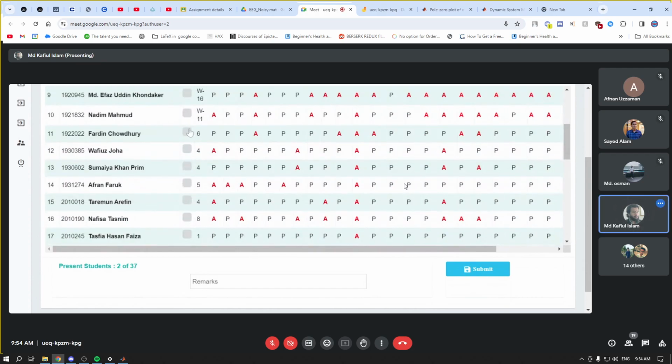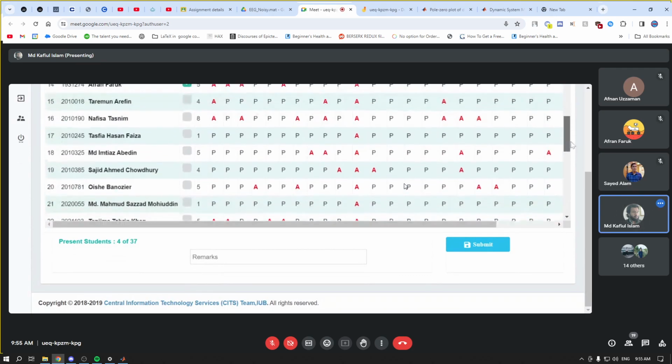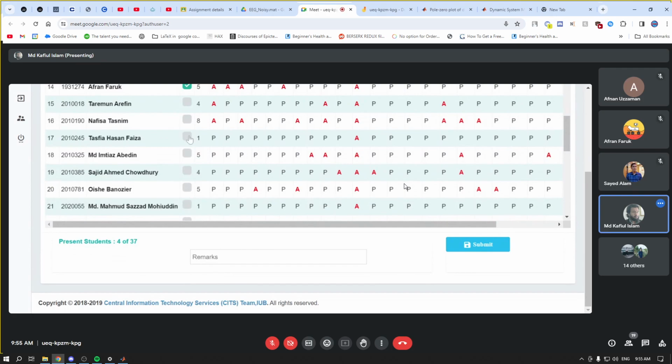Nadim Mahmud, Fardin, Wafuz Zoha, Sumaya, Afran Farooq, present, sir. Taremun Arifin, Nafisa Tasnim, Tasfiya Hassan Faiza, present, sir.